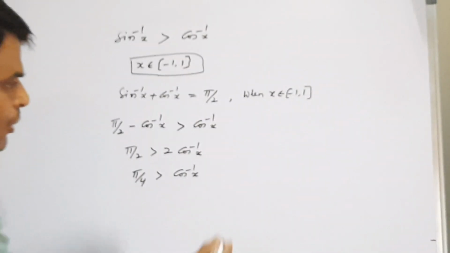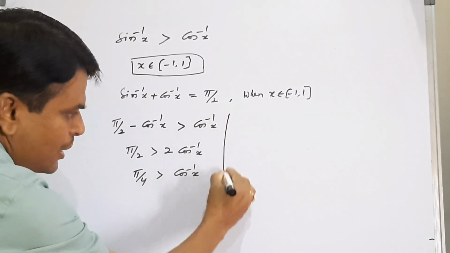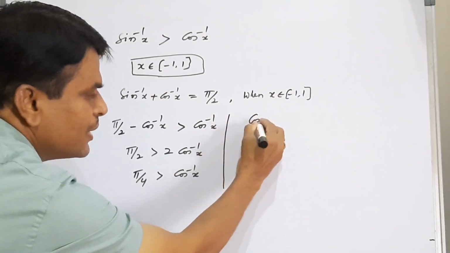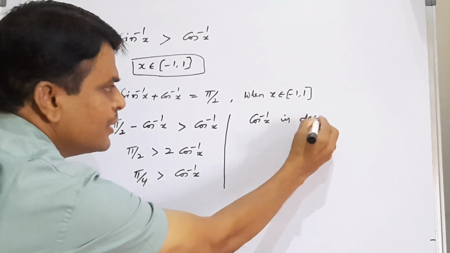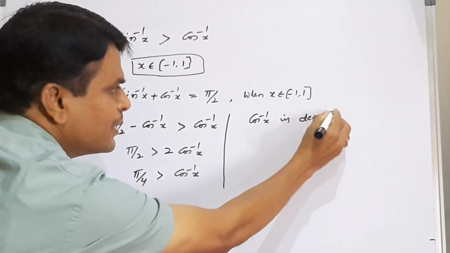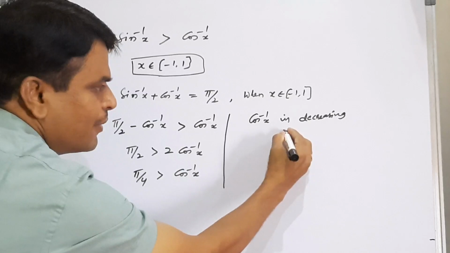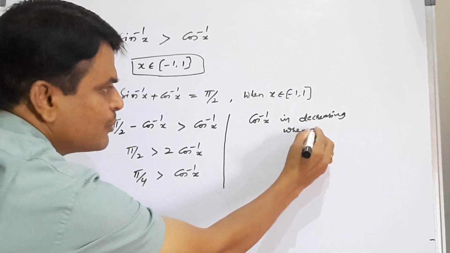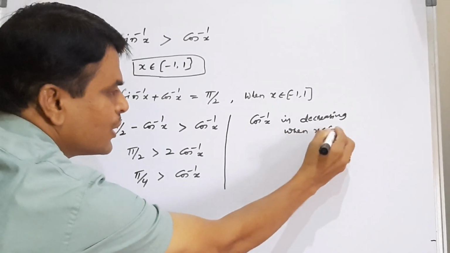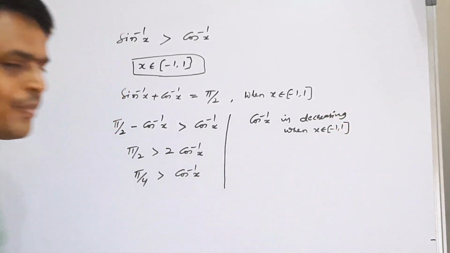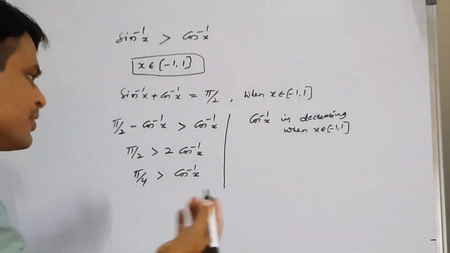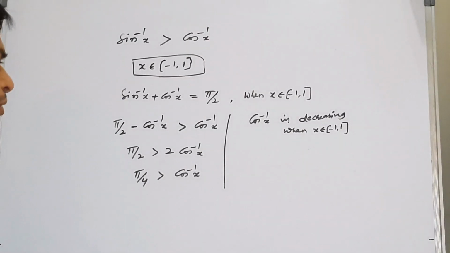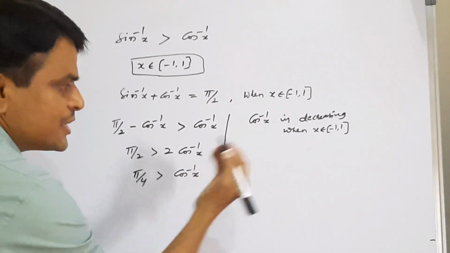So now we know that cos inverse x is decreasing when x belongs to minus 1 to 1. Decreasing function. So whenever it is a decreasing function, the inequality will change for the function value.